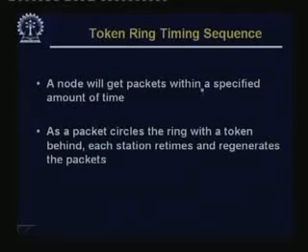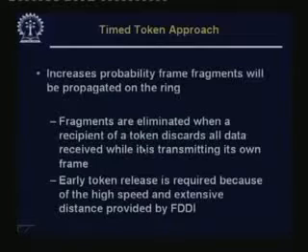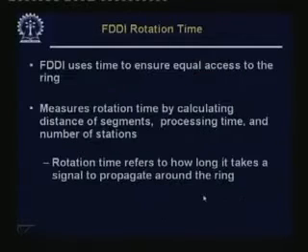As a packet circles the ring with a token behind, each station retimes and regenerates the packet. This increases the probability that frame fragments will be propagated on the ring, we need not bother about this. So, how are fragments eliminated? Early token release is required because of the high speed and extensive distance provided by FDDI. I mentioned this.